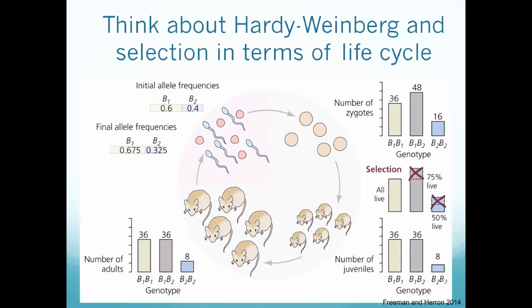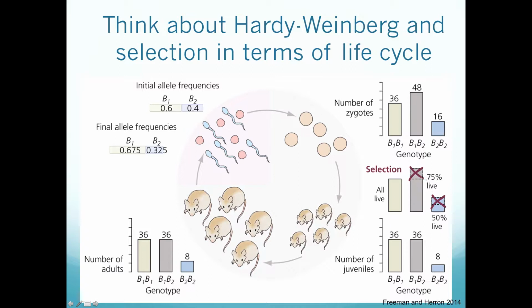And we can think about selection in terms of a life cycle. So we have a population with allele frequencies of B1 0.6, B2 0.4. We have zygotes created under Hardy-Weinberg expectations, 36, 48, 16. Those zygotes grow up and undergo selection.